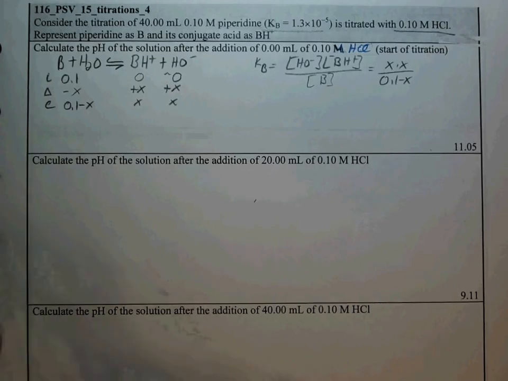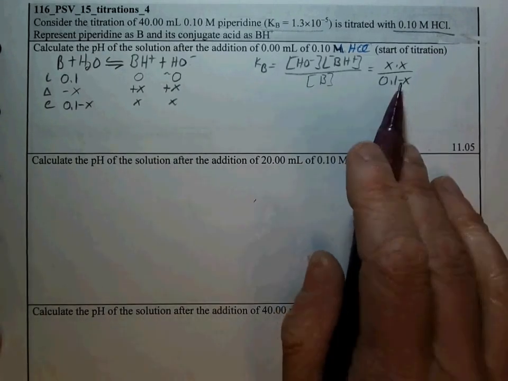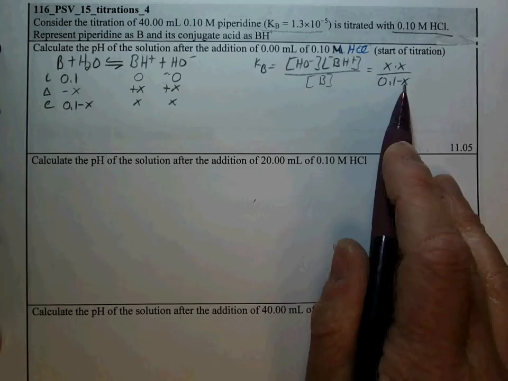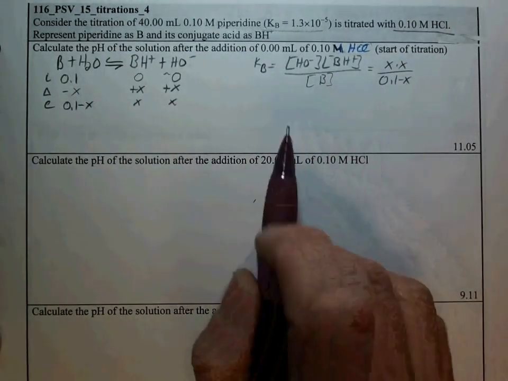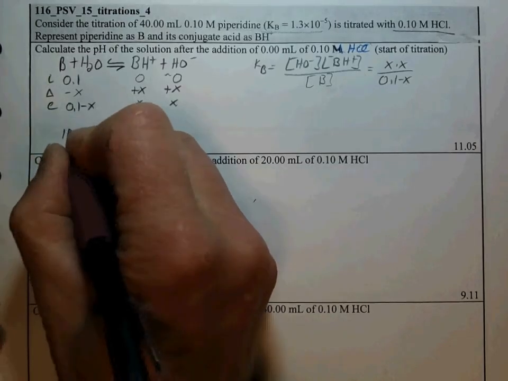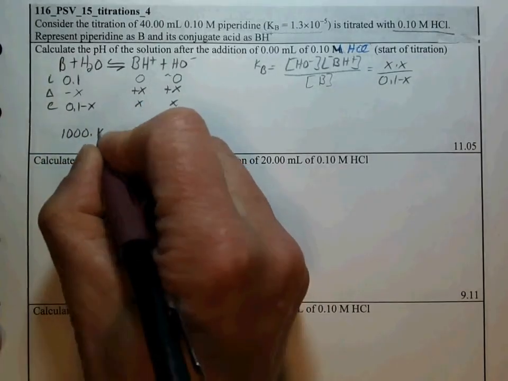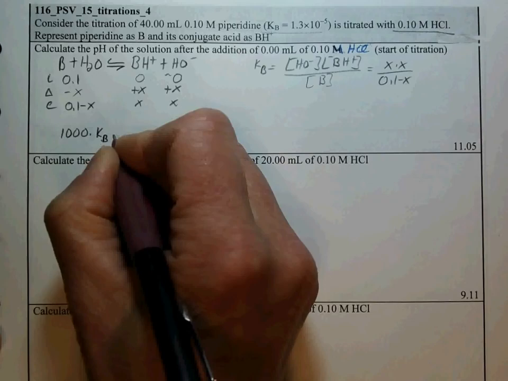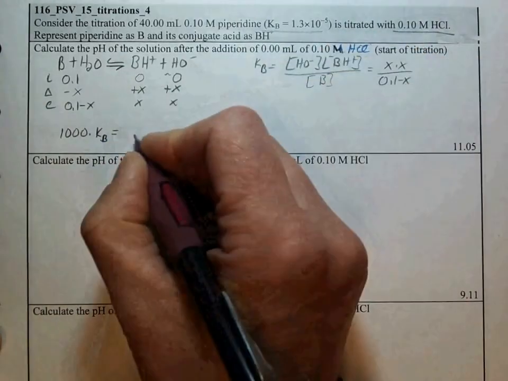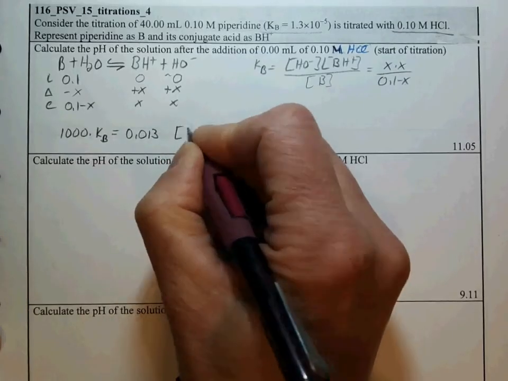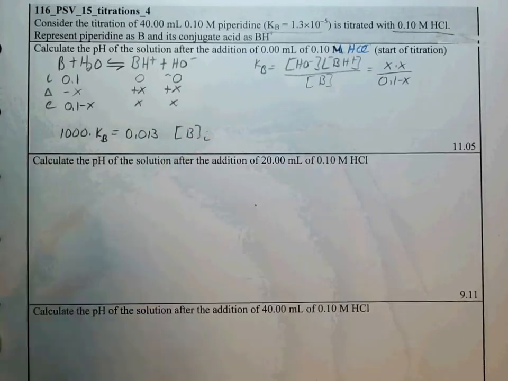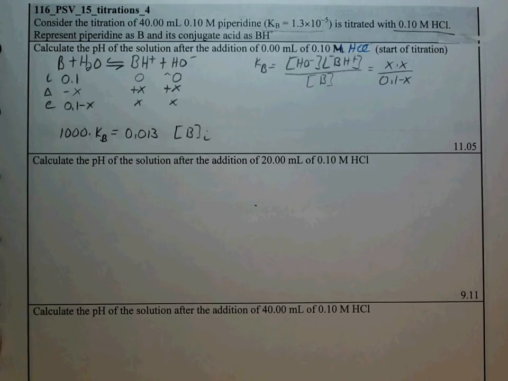We want to determine whether or not we can make the approximation that this x is insignificant compared to the initial concentration, and to do that we multiply 1,000 times our equilibrium constant, which here is Kb. We find that's equal to 0.013, and if that is less than our initial concentration of our base, then we're okay.